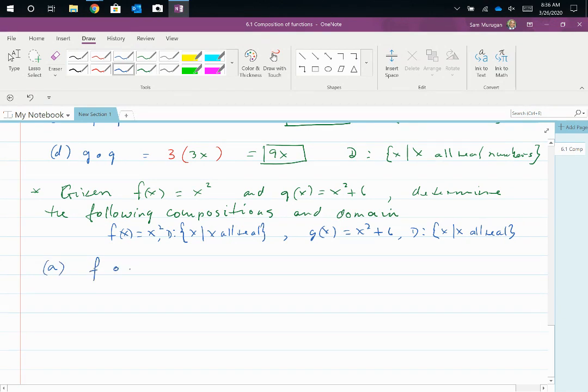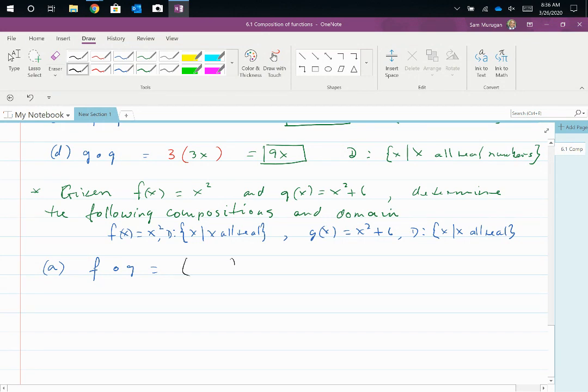So f composed of g means we're substituting the g function into the f function, so the f function is x squared.